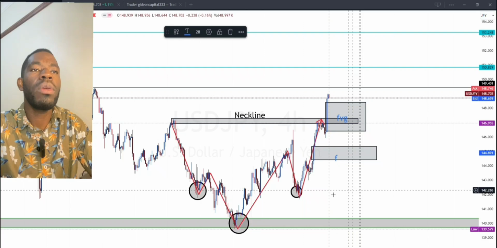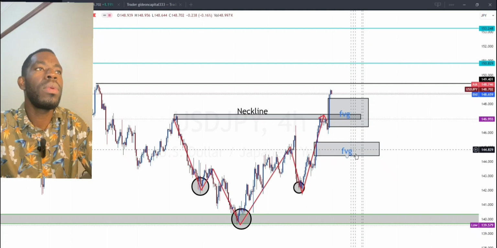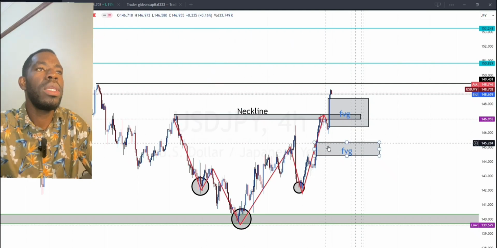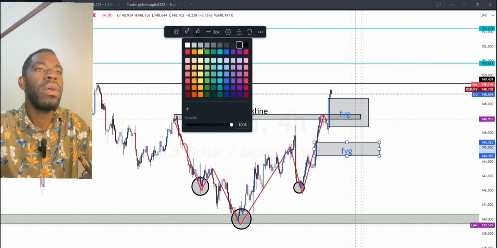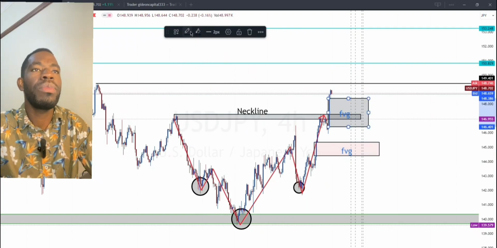I'll just change this to color code this better, so we have a clear marking of where our fair value gap is. So these are our fair value gaps. This is the first one, this is the second one.